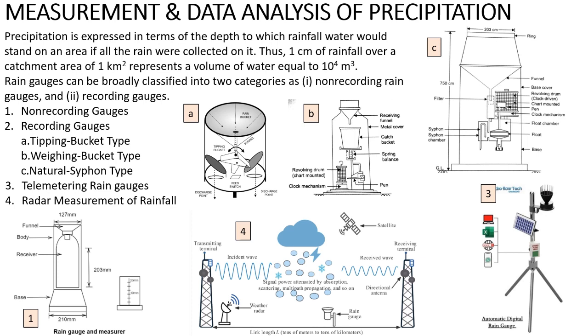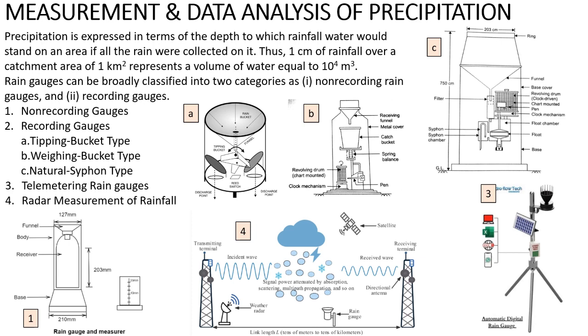So, kailangan pang mag-read ng tao dito para makuha yung measurement. So, yung mga recording rain gauges, itong example A, B, and C, meron silang sensors, kaya na-detect and nare-record na nila yung data. So, ina-attach yung mga recordings nila sa isang data system para ma-save ang mga gathered data nila.